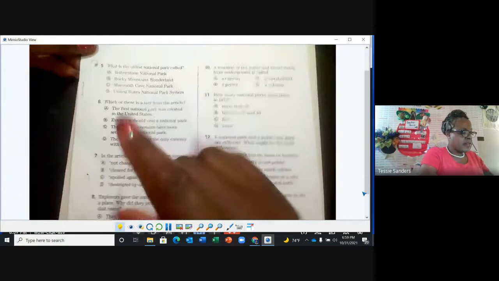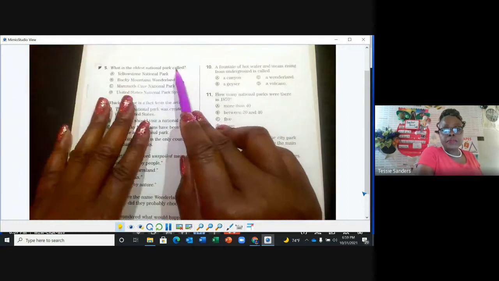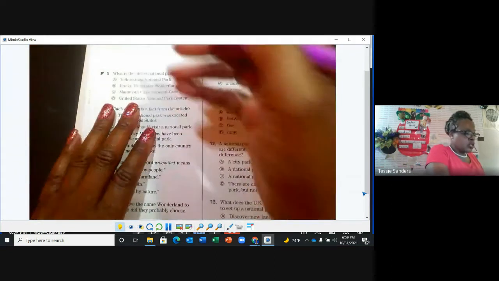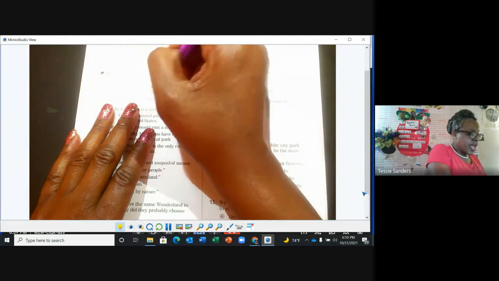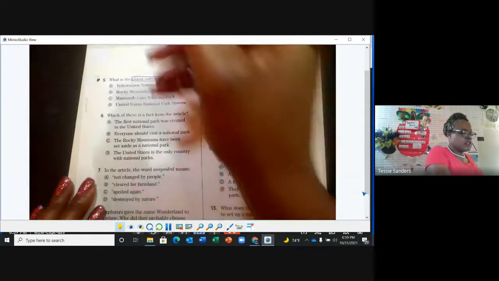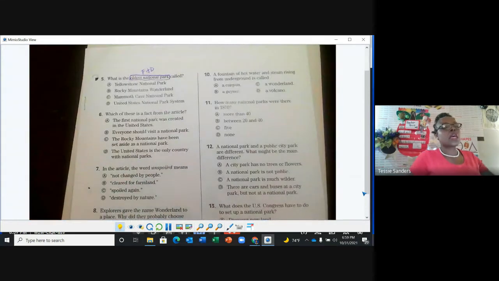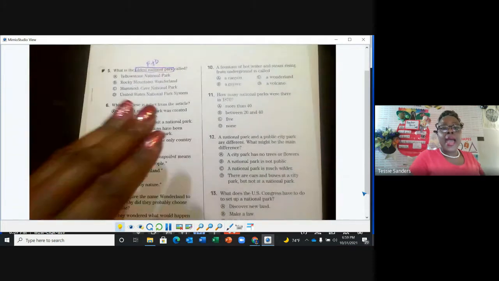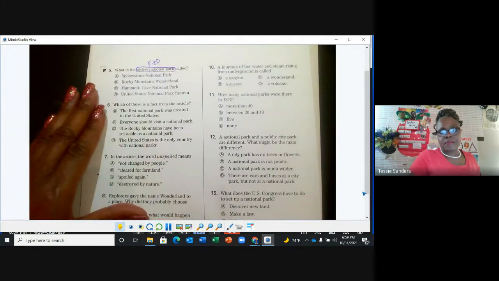Number 5. What is the oldest national park called? In this question, the author is asking you about the oldest national park. So this here is a fact and detail question because you must go back into the text to find the answer.